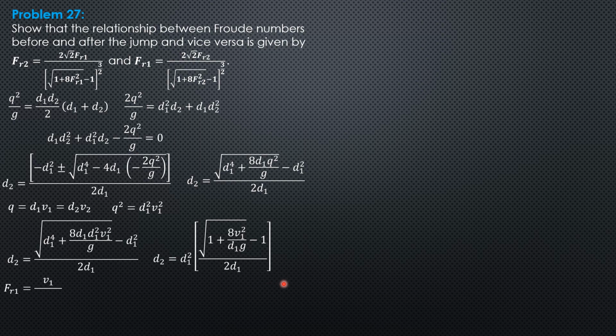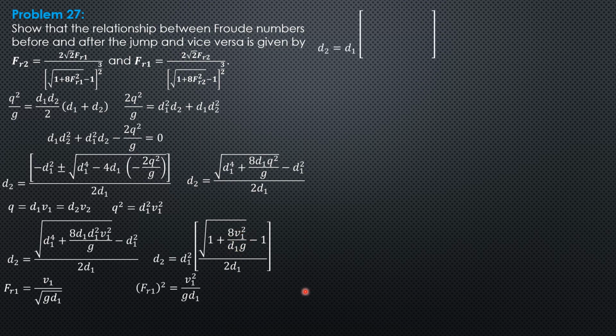So Fr1 equals v1 over the square root of g d1, and squaring, Fr1² equals v1² over g d1, so v1² over g d1 is simply Fr1² in this radical here.